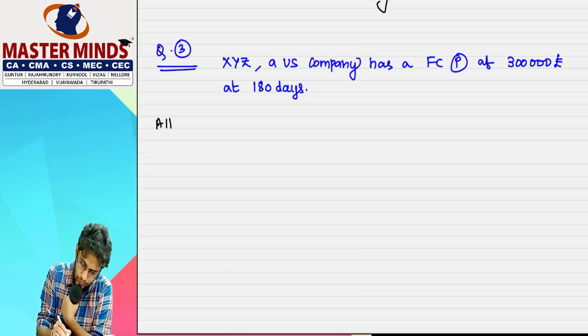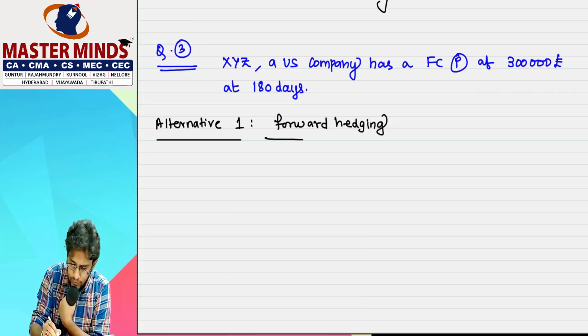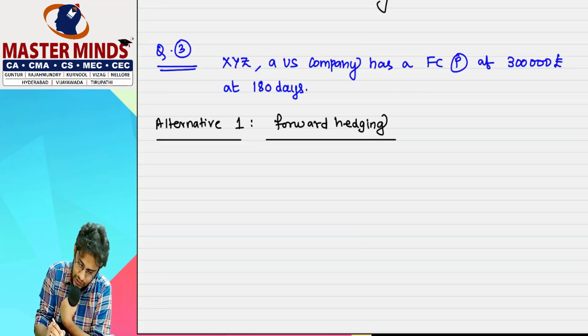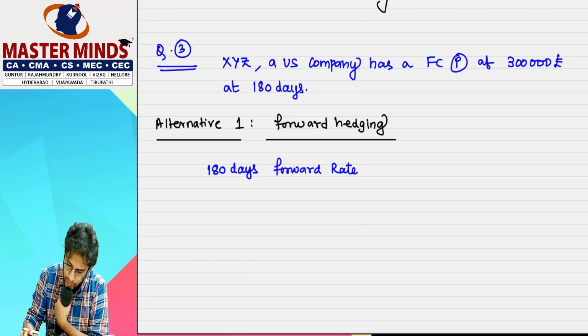So alternative 1, forward hedging. Directly take the 180 days rate and finish it off. So the 180 days forward rate.